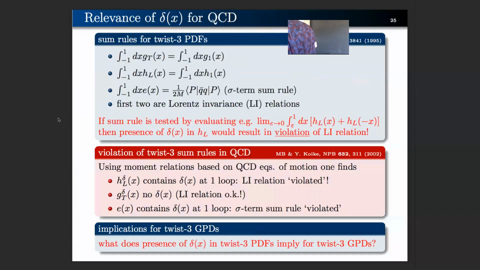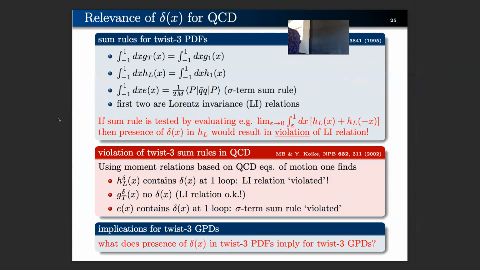And if you're looking at PDFs, that's relevant for the following reason. Here we have these relations between twist 3 objects and twist 2 objects, the extended Burkardt-Cottingham sum rules. So this is actually the Burkardt-Cottingham sum rule.